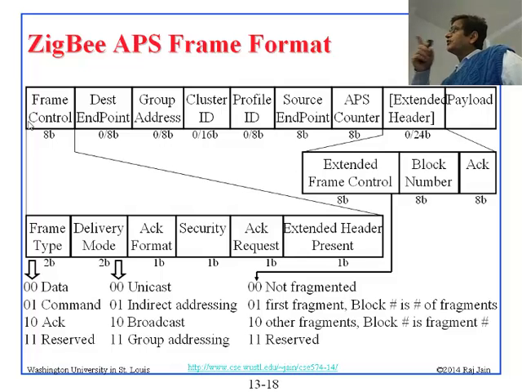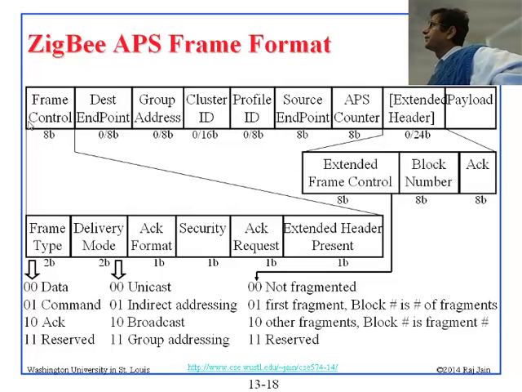Payload. Alright, so let's go back to the frame control. Frame control first tells whether it is a data, command, or ACK. So every packet is acknowledged. Data is clearly what you want to send. Command is something that needs to be done, which is, I want to associate with you, whatever you want to do with me, and which is not related to data, right?